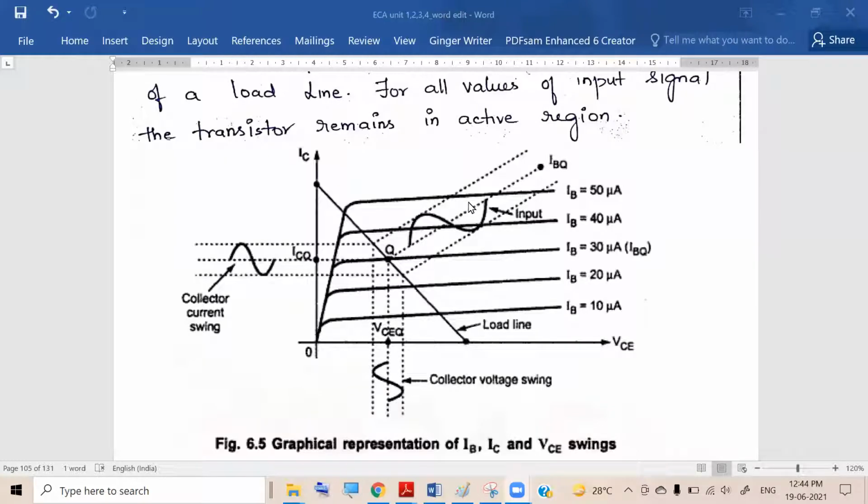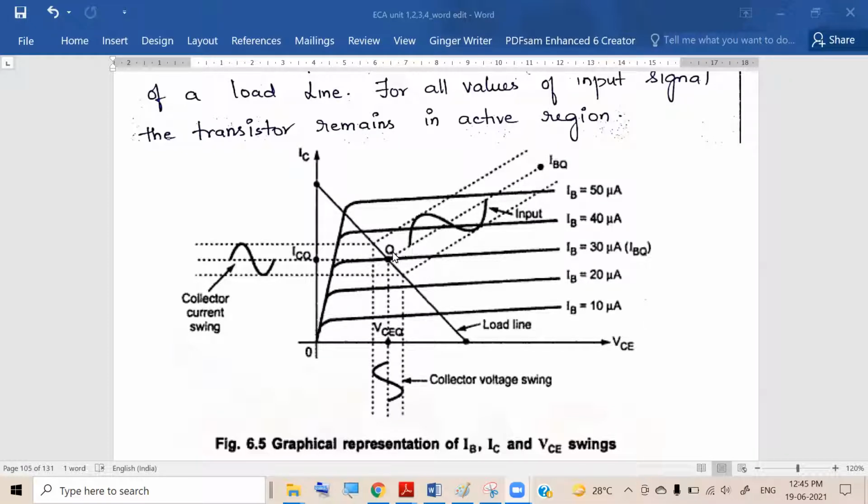When the input voltage increases, say a positive half cycle, IB also increases accordingly, a positive half cycle. When IB increases, IC also increases. So when V in is a positive half cycle, IB is a positive half cycle, and IC is also a positive half cycle. But IC and VCE are related according to the load line.